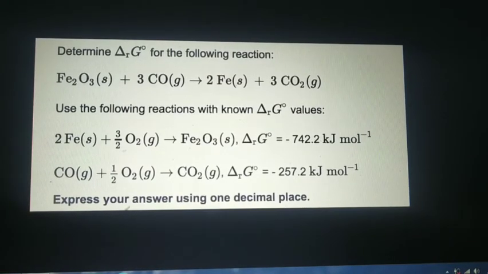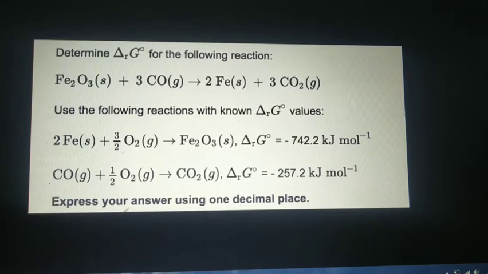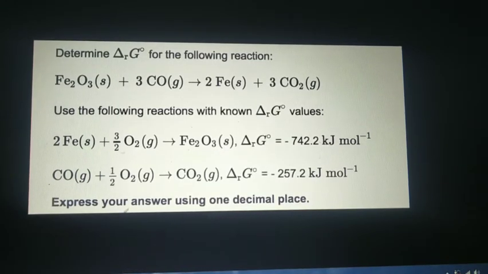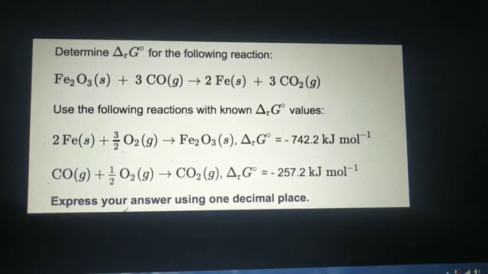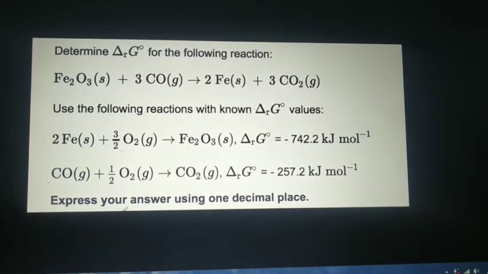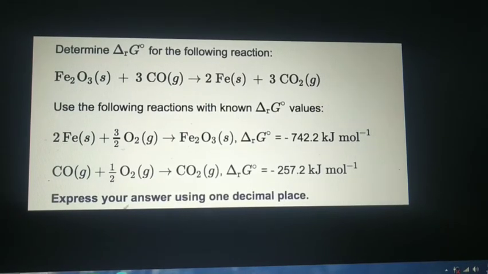Since carbon monoxide reduces, in the presence of carbon monoxide, Fe2O3 reduces. So that is why here carbon monoxide acts as a strong reducing agent. You can see that CO also reduces I2O5 to iodine.